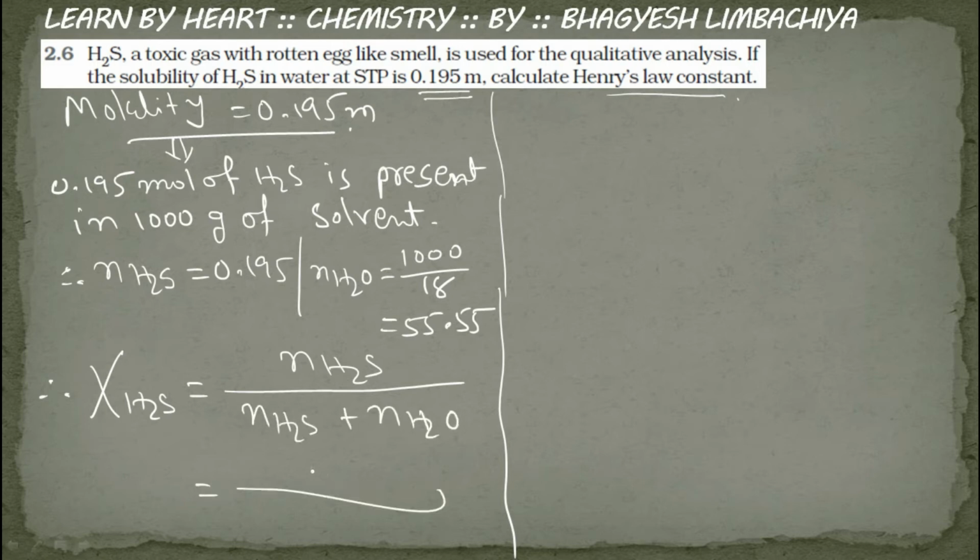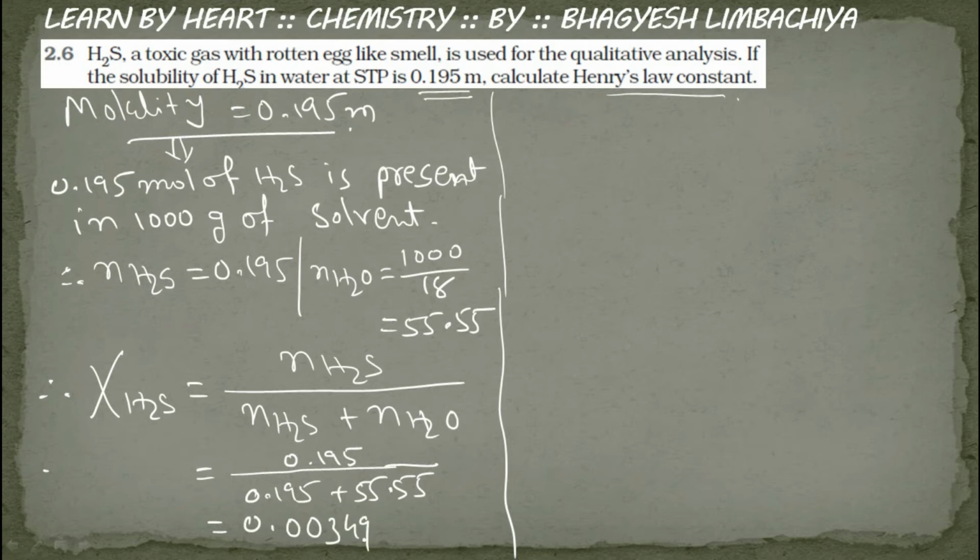Now all the terms are known to us: 0.195 divided by 0.195 plus 55.55. So the final answer of it is 0.00349.